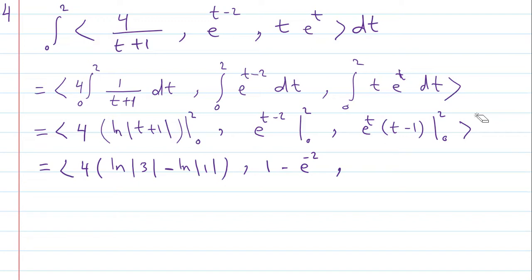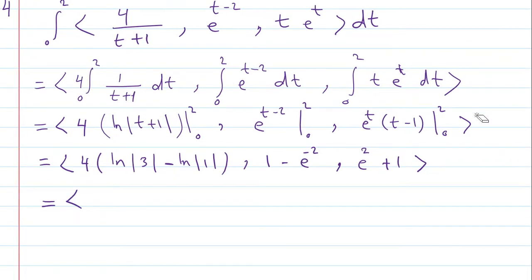Finally, for the third component, let's substitute t equals 2. So we have e squared times 2 minus 1, which is 1. Minus substitution by 0, e to the power 0 is 1. And here we have negative 1, so negative times negative is going to be positive 1.